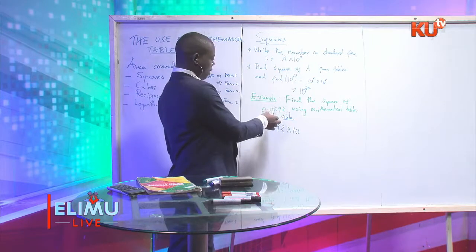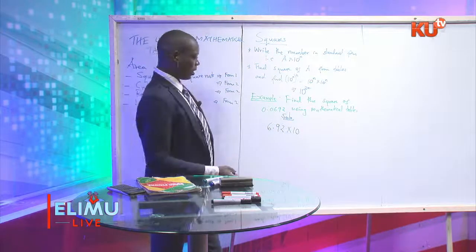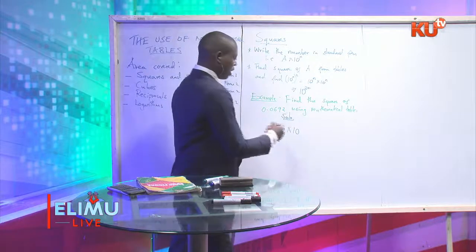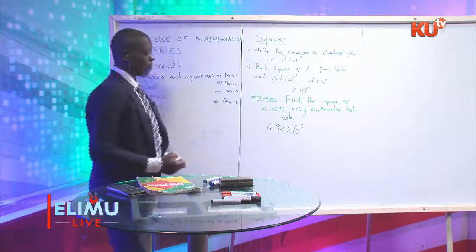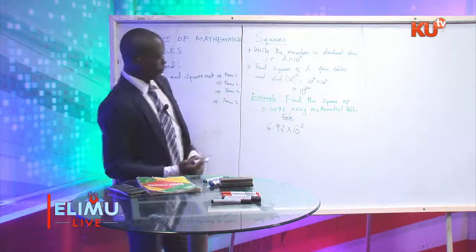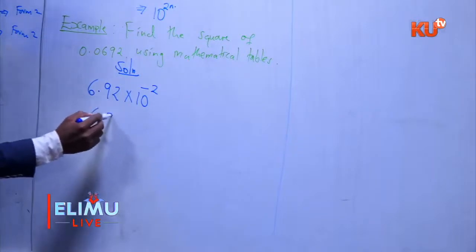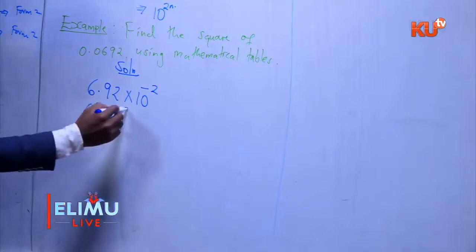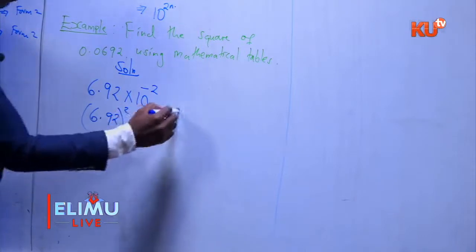So I'm moving 1, 2 steps to take the decimal point back to its position. And since we are going to the negative side, it becomes -2. Then what do we do? The question is square. So we take 6.92 squared times 10 power -2 squared.